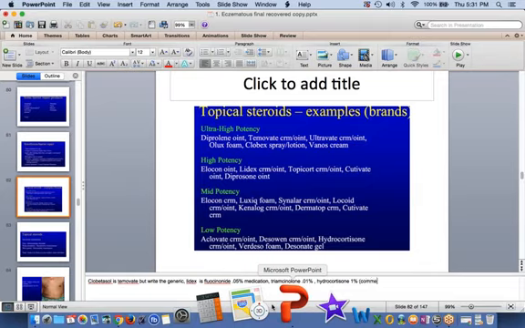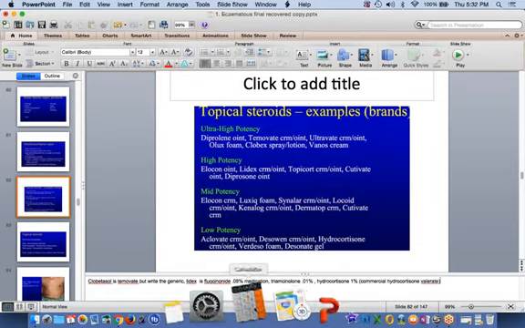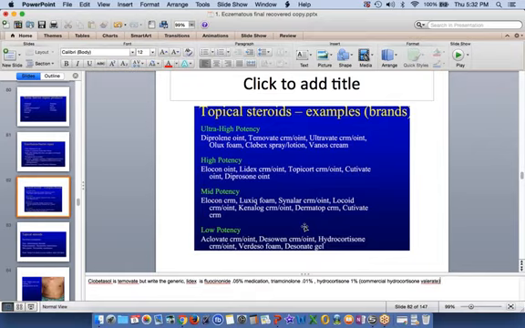And for commercial insurances, meaning Blue Cross Blue Shield and the like, I like to use hydrocortisone valerate. It only comes as one concentration. It's a little more potent than hydrocortisone by itself.